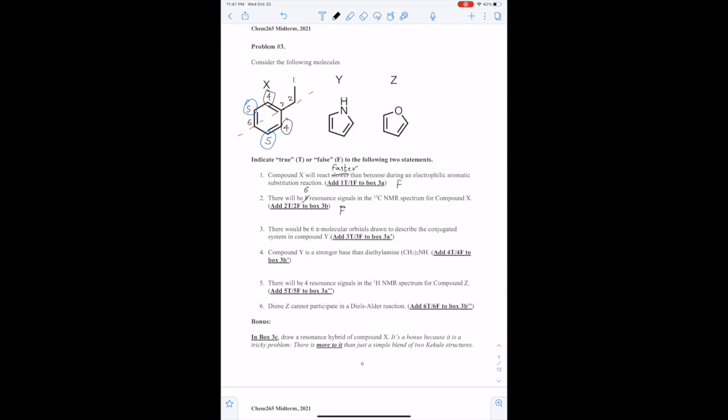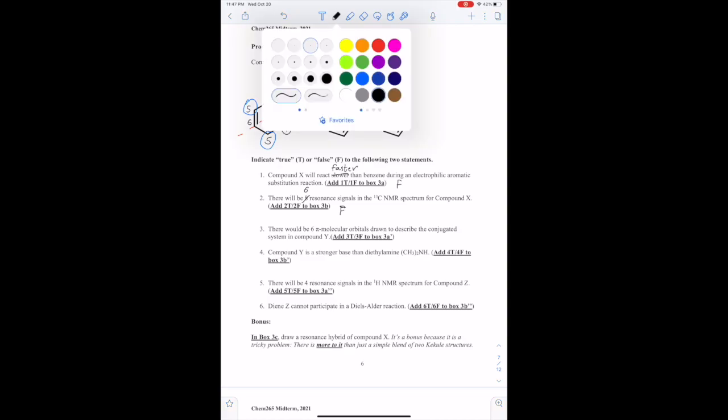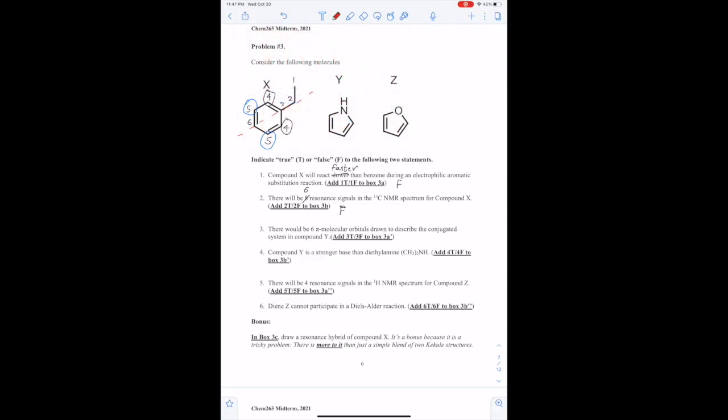Okay, so there would be 6 pi molecular orbitals drawn to describe the conjugated system in compound Y. Okay, so let's draw pi molecular orbitals. So there's 1, 2, 3, 4. By the way, we can draw these at any carbon where there is a pi bond, which is a double or a triple bond.